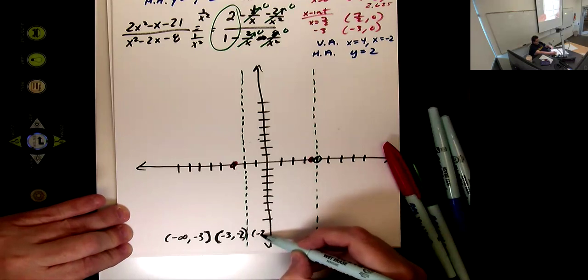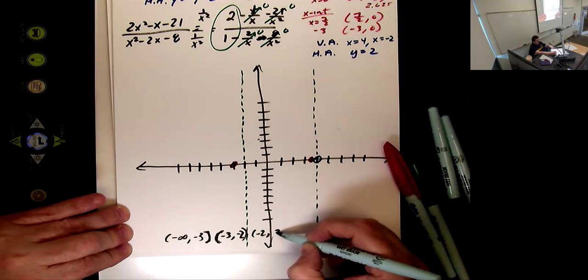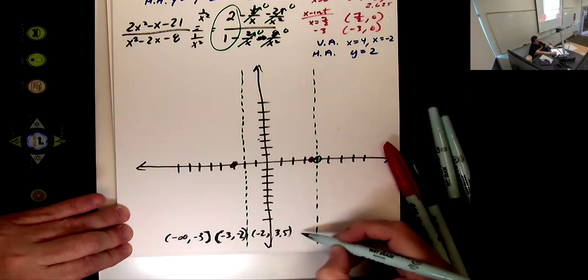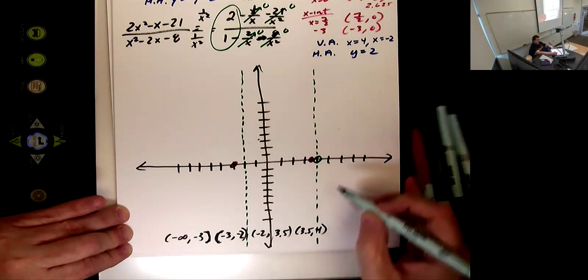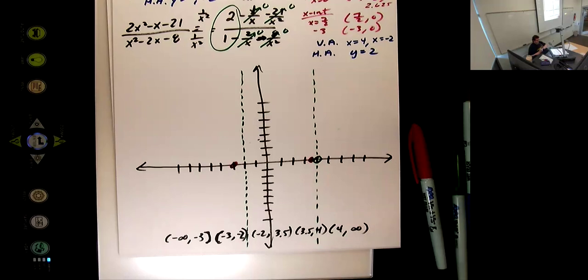Our next region is -2 to 3.5, then 3.5 to 4, and then 4 to infinity. Those are all our different regions.